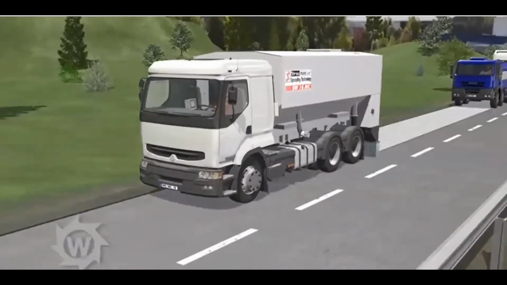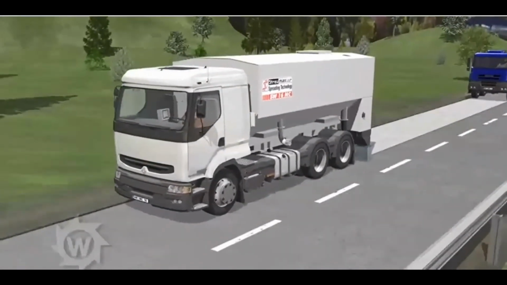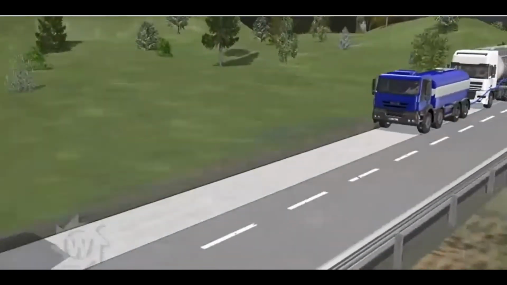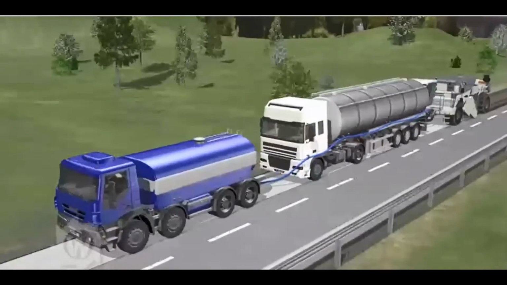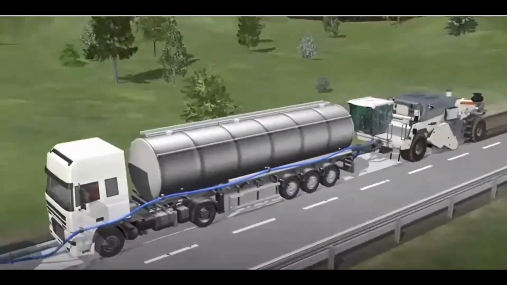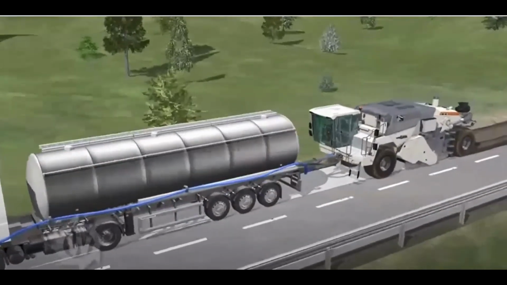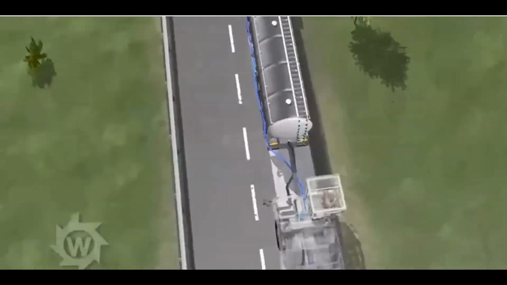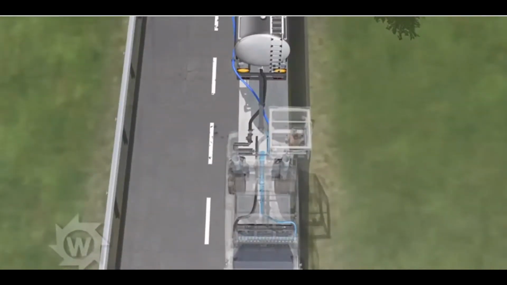Computer-controlled metering feeders ensure high spreading accuracy. Behind the spreader, a water and a bitumen tanker truck. The Wirtgen recycler draws in the binding agents via hose connections. The recycler is equipped with push bars to push the two tanker trucks along.